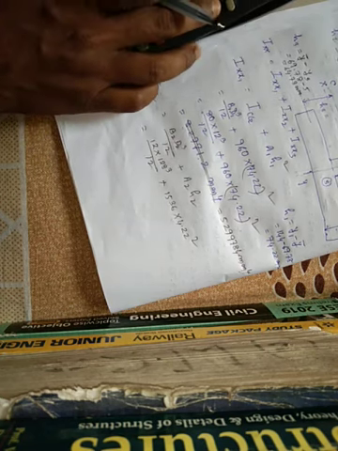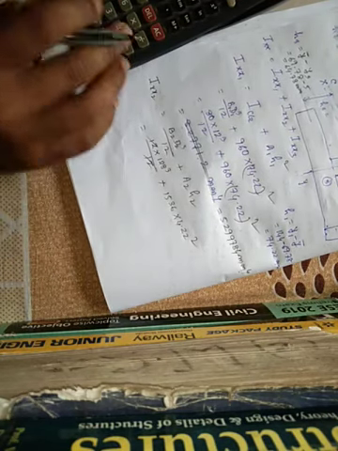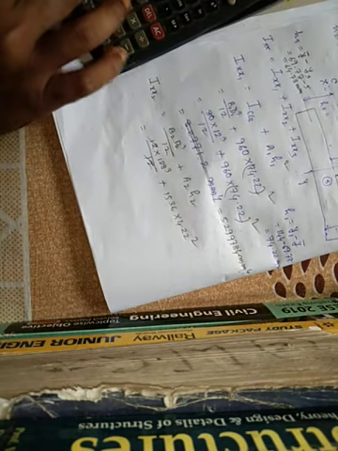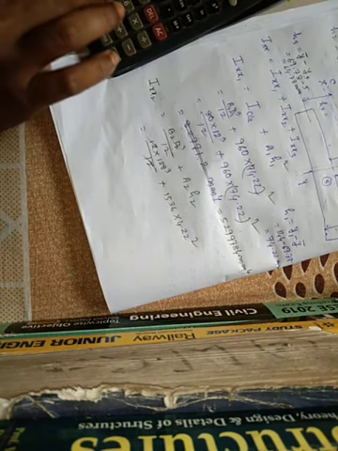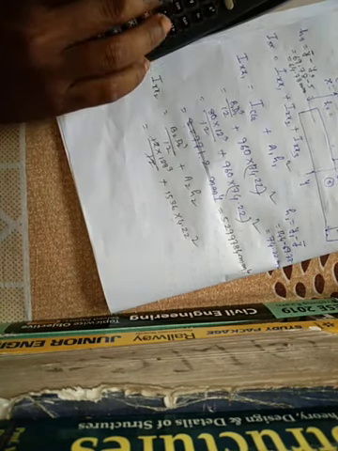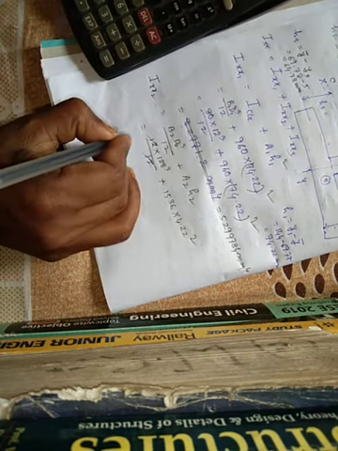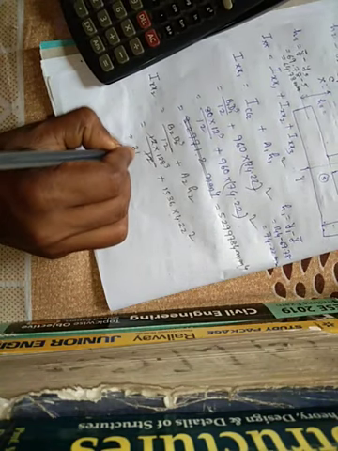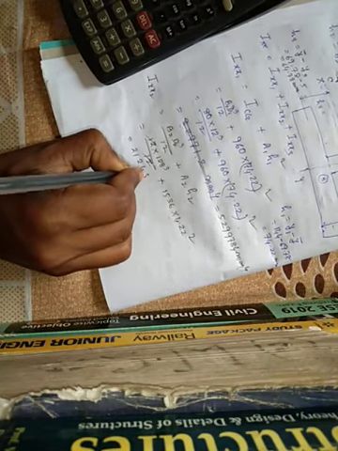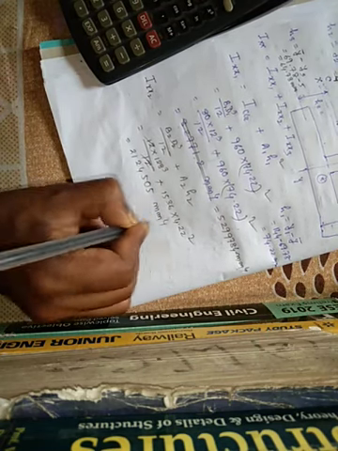The 12 is cancelled, so 128 cube plus 1536 into 4.22 square. This is equal to 2124505 millimeter to the power 4.